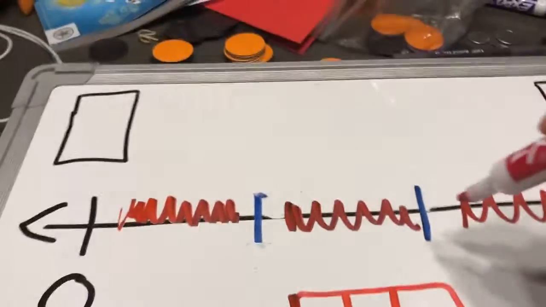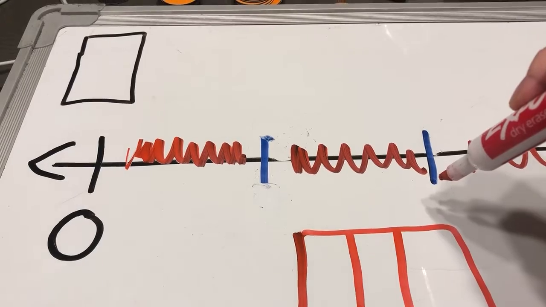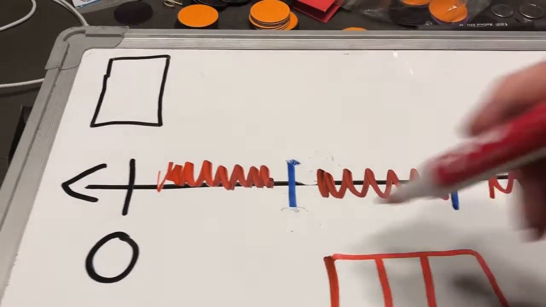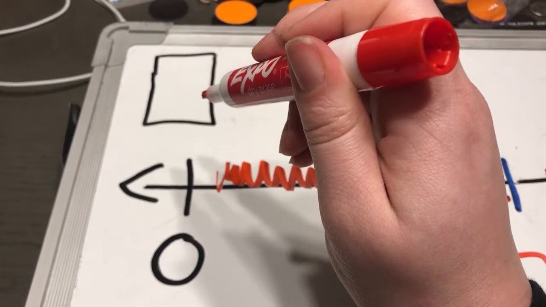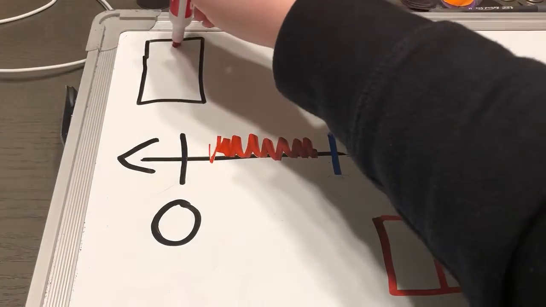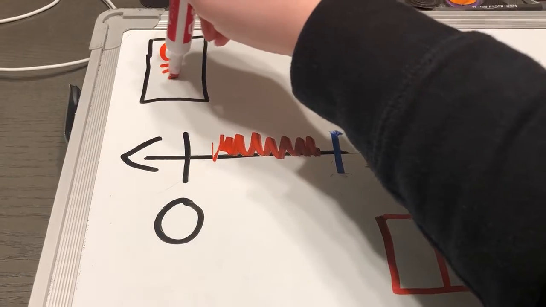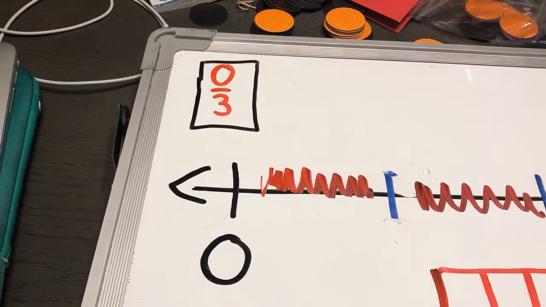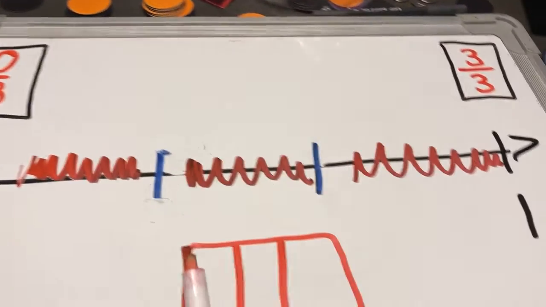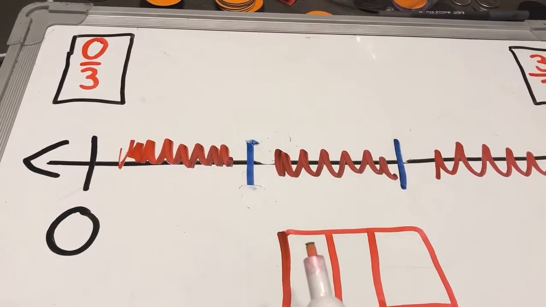We could start over here too. If we have 0 parts of our 3, we have 0 thirds. So we have 0 thirds at the beginning of the number line, 3 thirds at the end.